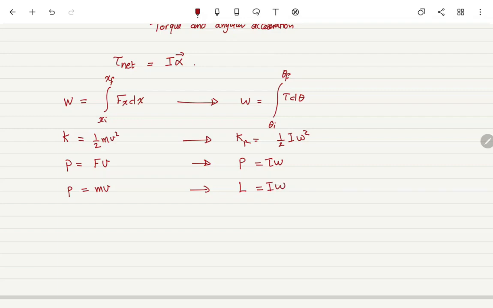The last one is the net force, which is equal to dp by dt, Newton's second law, and in rotational motion the net torque, the sum of taus, is equal to dL by dt.